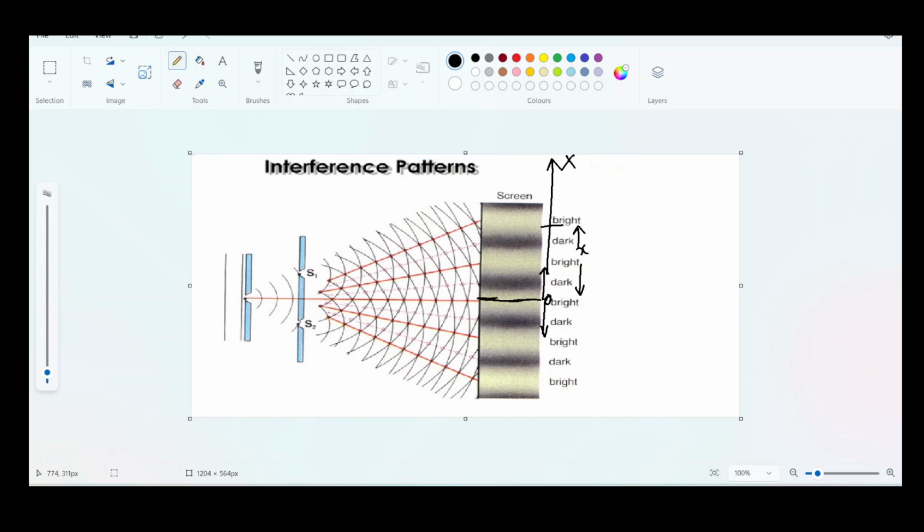Why I have selected this as 0, because this line is at the middle of the two slits, so it is a good reference point. So at a distance X from the reference point, will I get a dark band or a bright band, and what will be the thickness of this bright patch, etc. We can have a mathematical formulation for that, and that is exactly what we will discuss now.